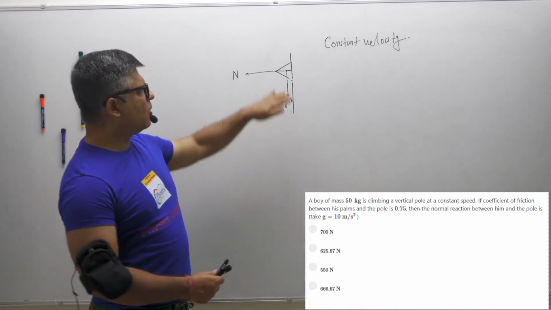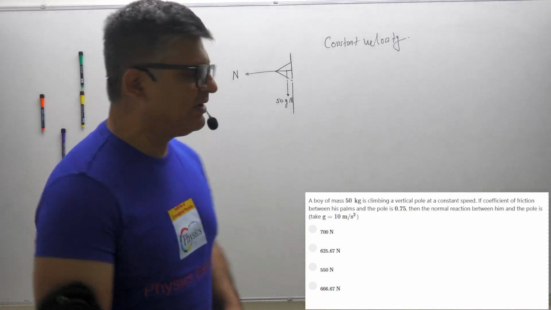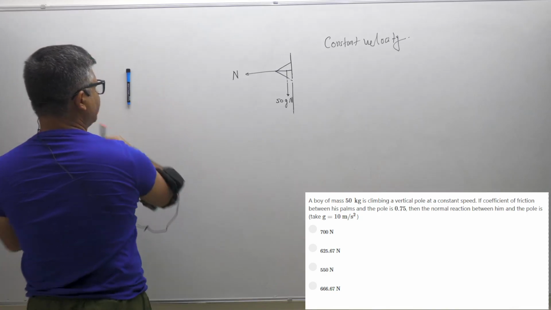But the reality is the normal reaction is there. There is a frictional force also, which I will draw using a different color so that you can distinguish between the forces.